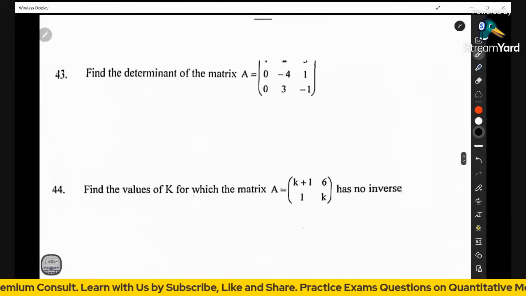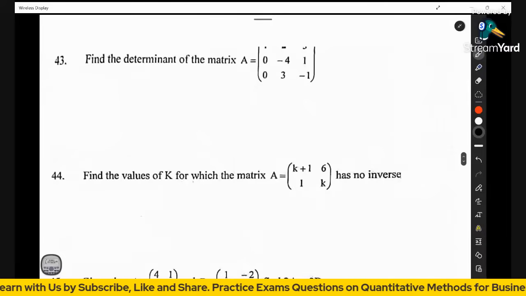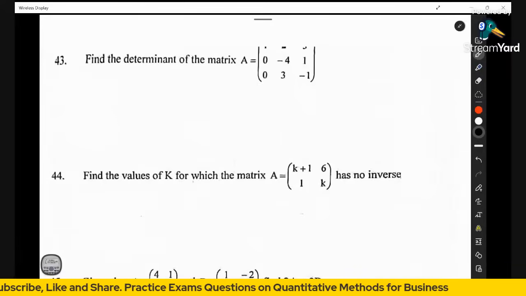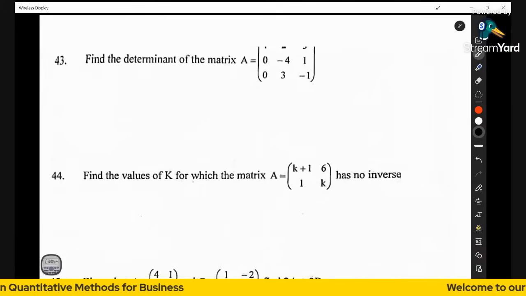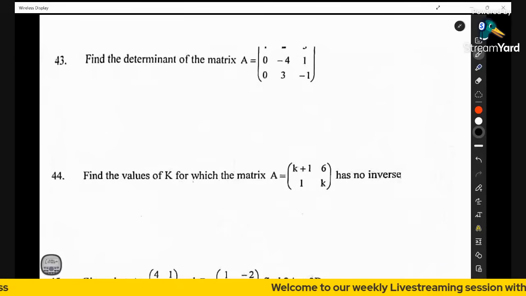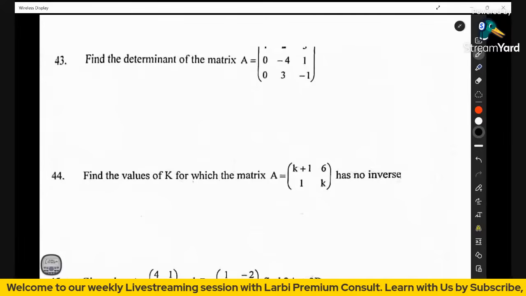Question number 43. We are asked to find the determinant of this matrix. So here too, you go by using your upward and downward arrows, and we are good to go. Seeing that some of the information is missing, I want to track it up and let's see.